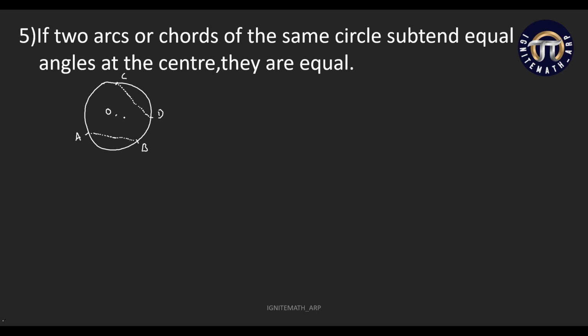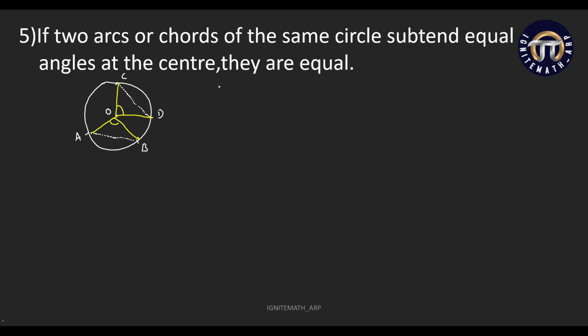Whenever I have two chords and they form equal angles at the center, this is the angle subtended by arc or chord CD at the center, and this is the angle subtended by arc or chord AB at the center. Clear, children?